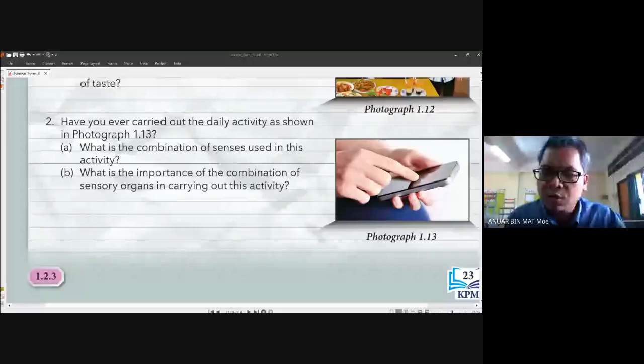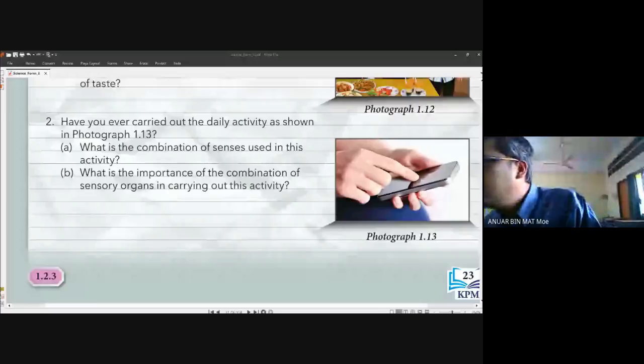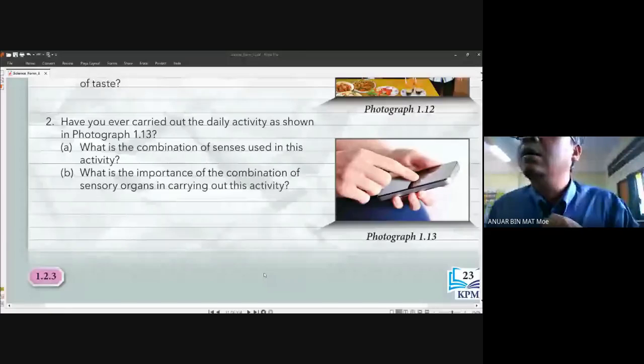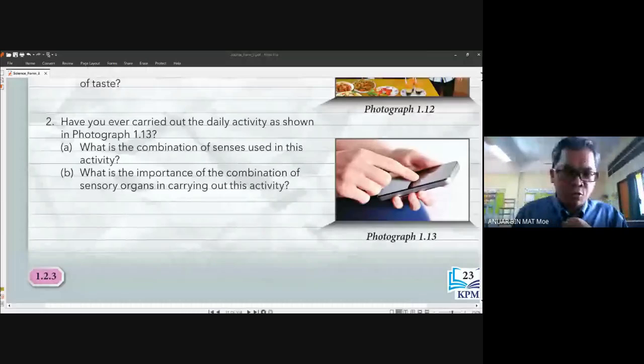Any information or any homework, I will tell you on our Science Telegram group later. From now, I will need to take the workbook. I will get the workbook later.